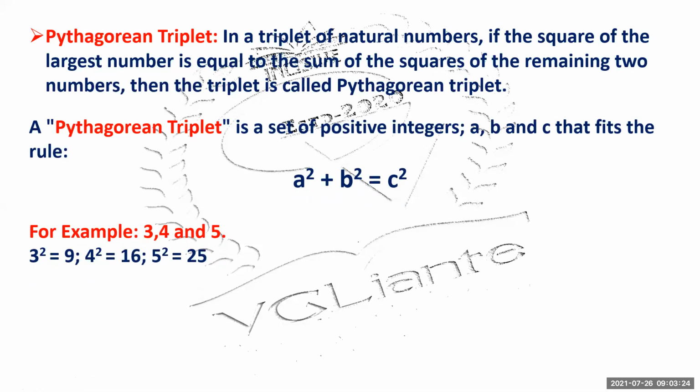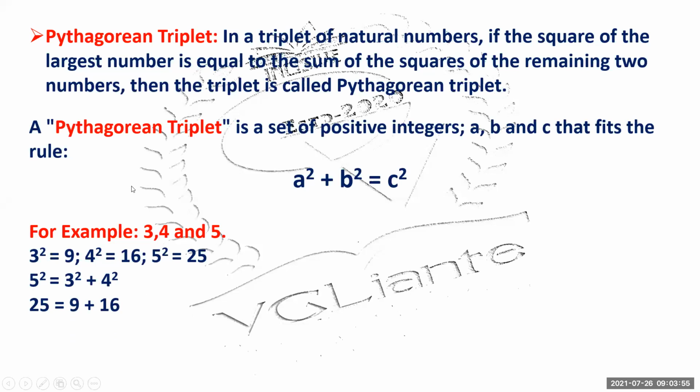So what did you understand from this? That the square of the largest number, 5 square, equals 3 square plus 4 square.